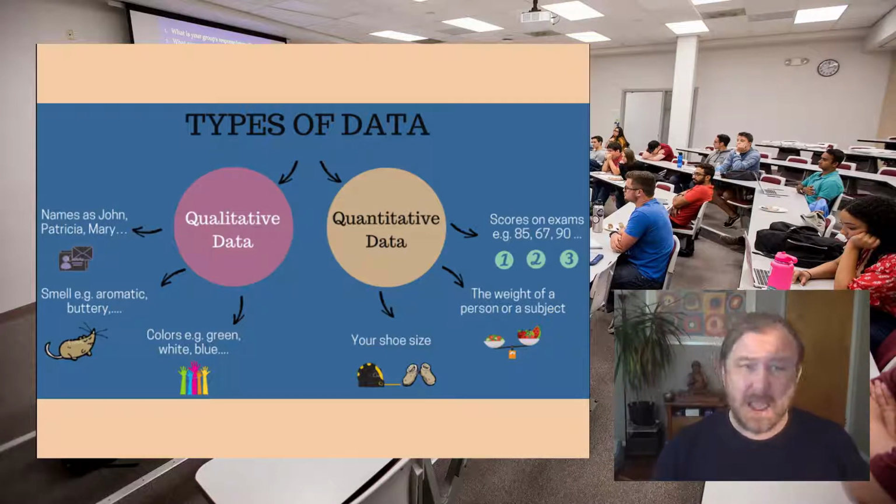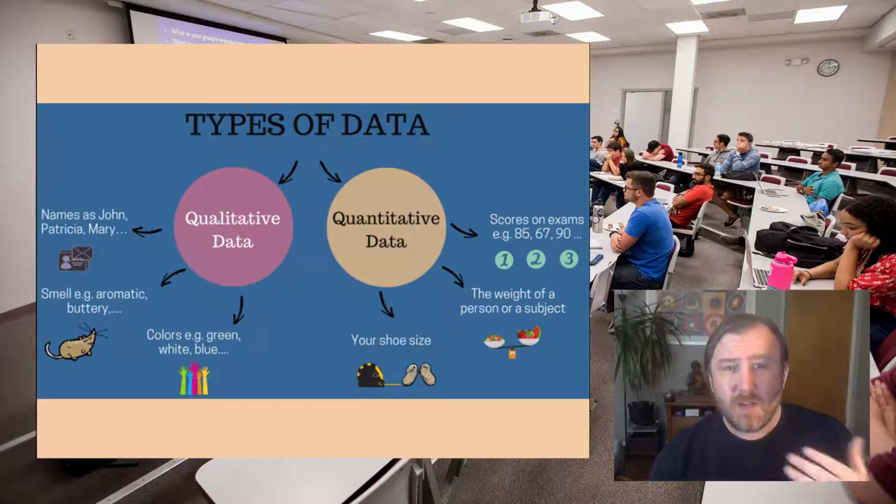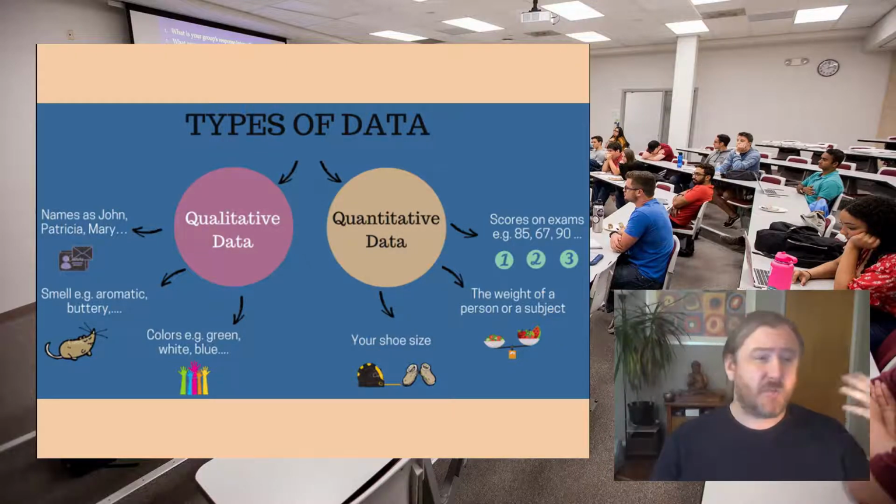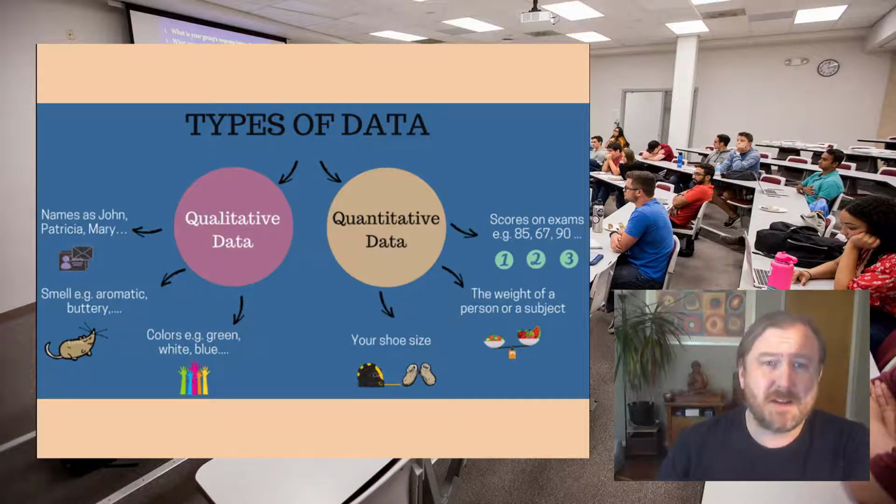In that case, adding those up, dividing them, subtracting them, it doesn't make any sense. We can categorize smell and assign numbers to different levels of smell. Or color. We could say red is 1, green is 2. But this is the primary distinction.